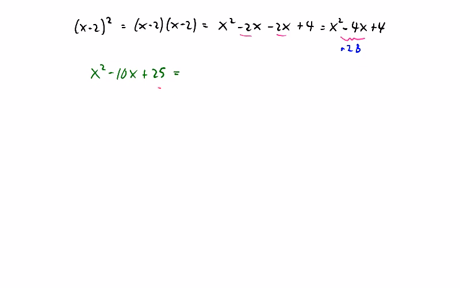Let's check. 25 is clearly 5 squared, and 10 is 2 times 5, but because of the negative in front of the 10, this must be the square of x minus 5 instead of the square of x plus 5. So look at the sign of the middle term to determine whether you are adding or subtracting the constant of the perfect square.